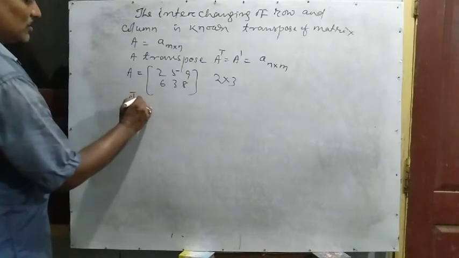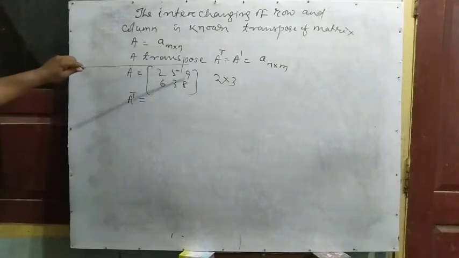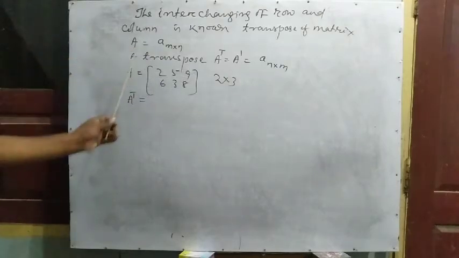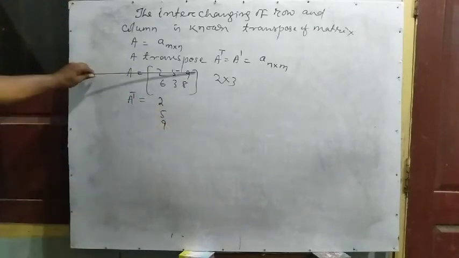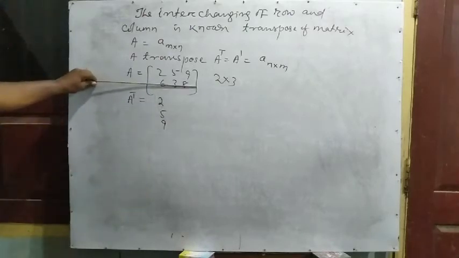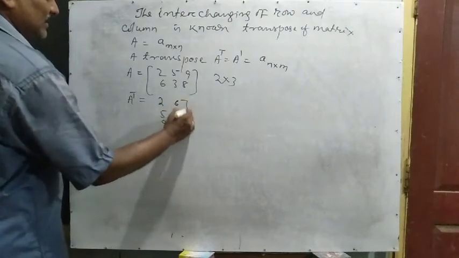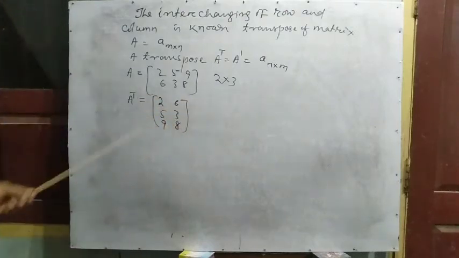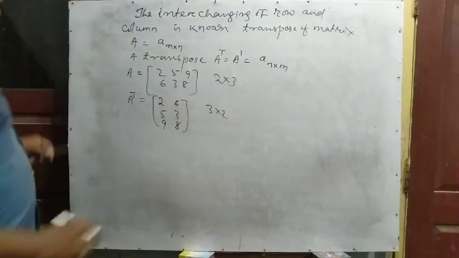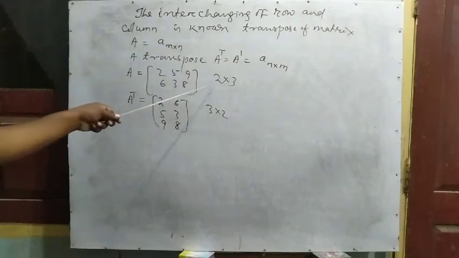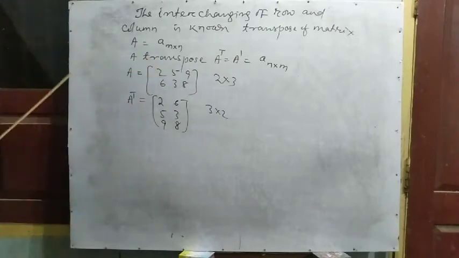A transpose order equals what? For A transpose, you will get 2, 5, 9 in the row transferring into a column. The first row transfers into the first column, the second row transfers into the second column: 6, 3, 8. So this is A transpose. Here the order equals 3 by 2. So the order of the matrix changes from 2 by 3 to 3 by 2, that is, m by n to n by m.